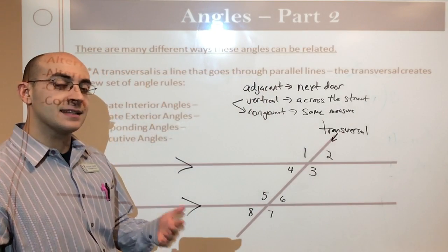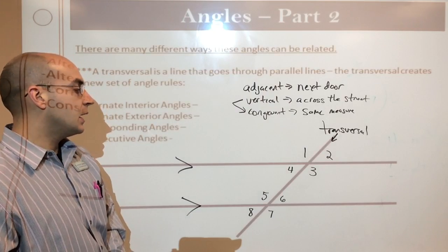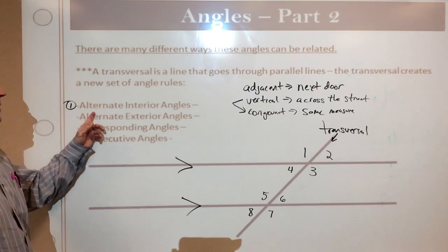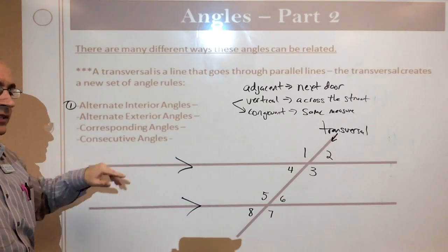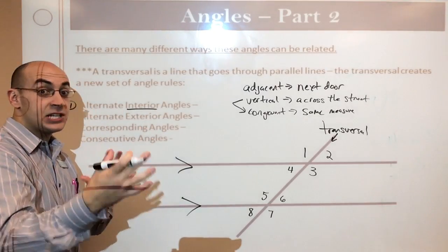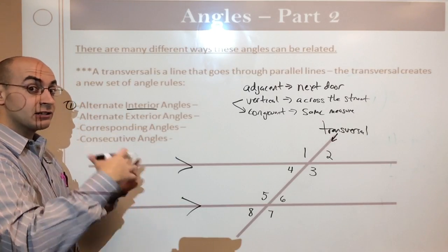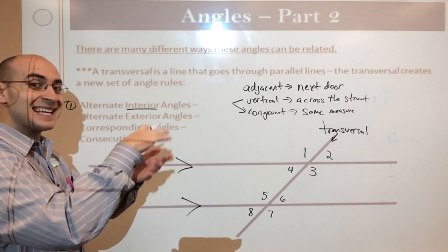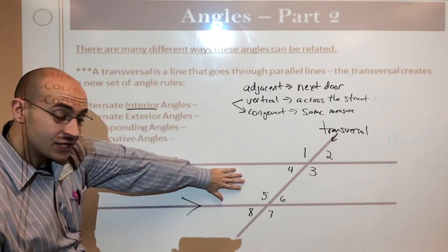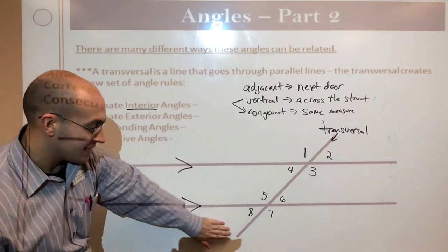Now, that line has a lot of special properties that come with it, and we're going to do a couple of them now. The first one is alternate interior angles. So let's break this down a little bit. Interior means inside, right? So the interior of your house, interior decorator, like someone who's going to do some things inside the house. There's parallel lines. So there's an inside section, which is where my hand is, and there are outside sections.